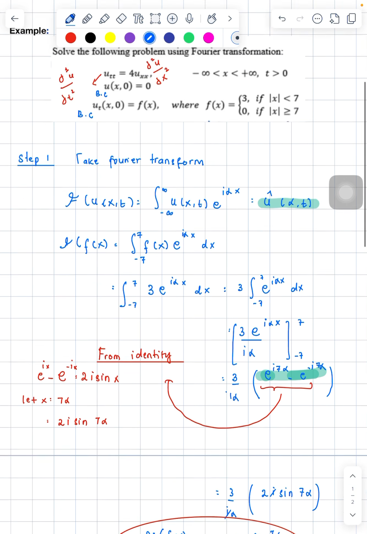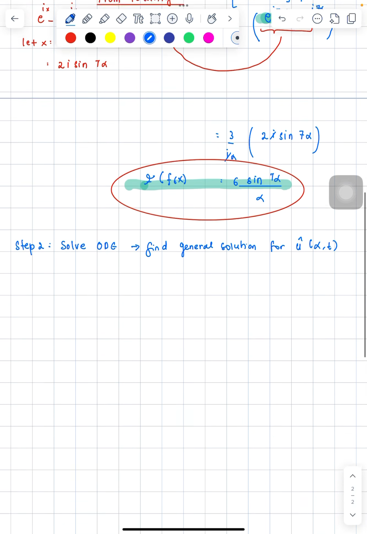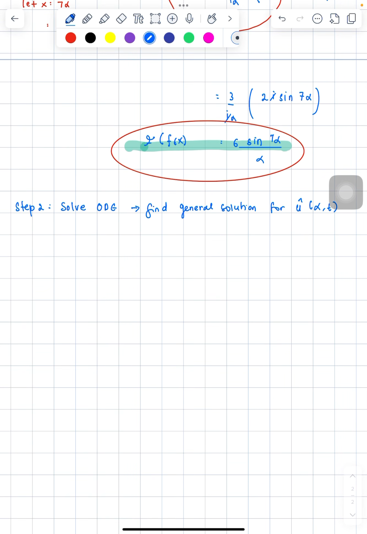Look at our equation. We have u_tt equals 4 u_xx.